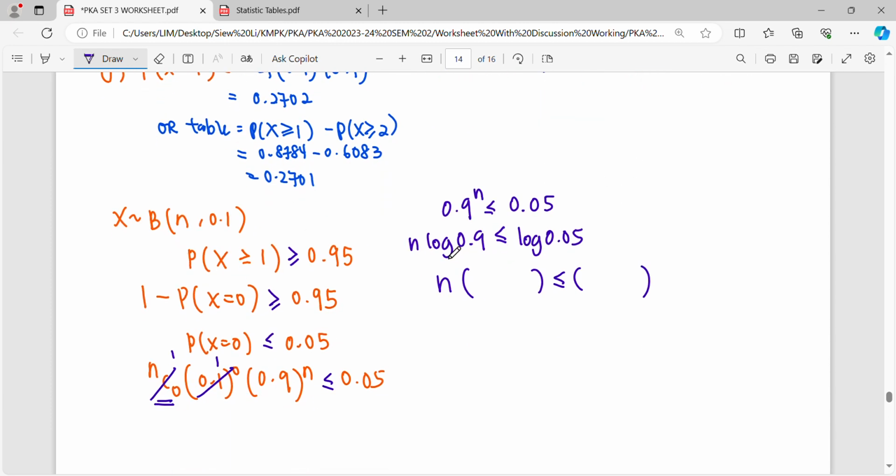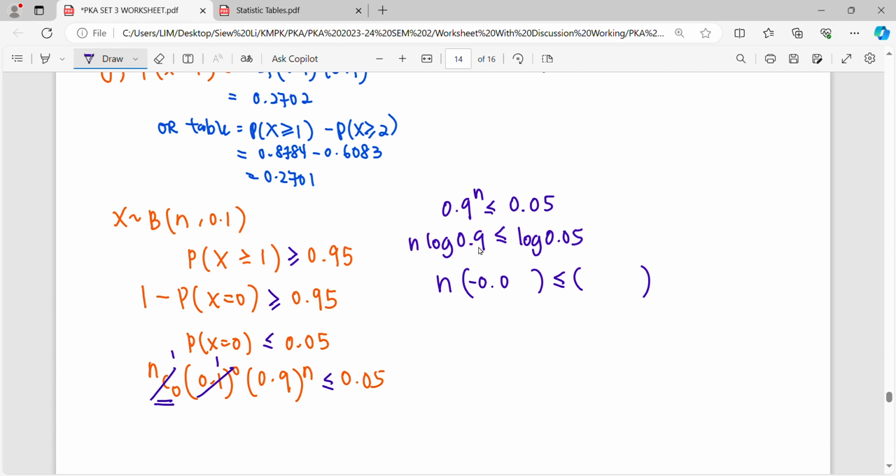So log 0.9, negative 0.04, one decimal only. Give more decimals.